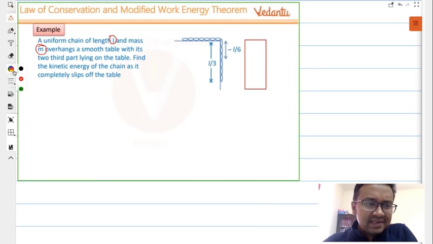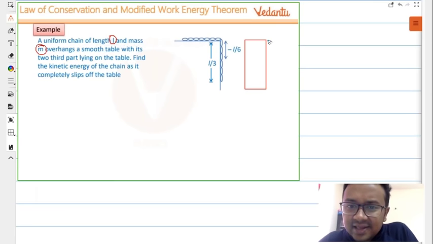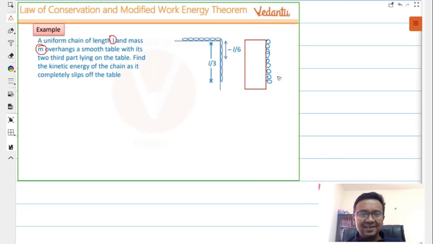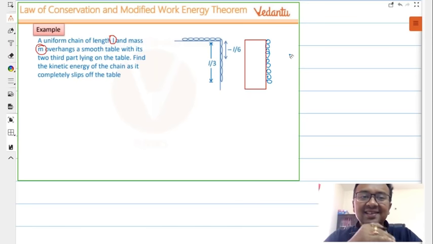So there is going to be a stage where this will be sliding down the table. Guys, this will just be sliding down the table out here. So at that particular instant, they are asking us how much is going to be the kinetic energy of the chain.